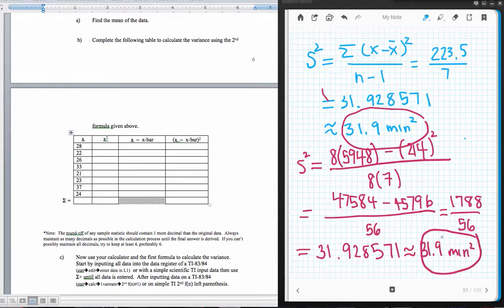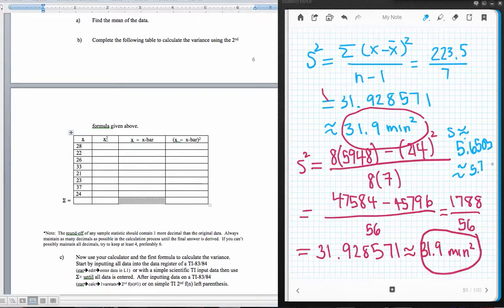So the square root of 31.928571 is equal to 5.65, so S is approximately equal to 5.7 minutes.